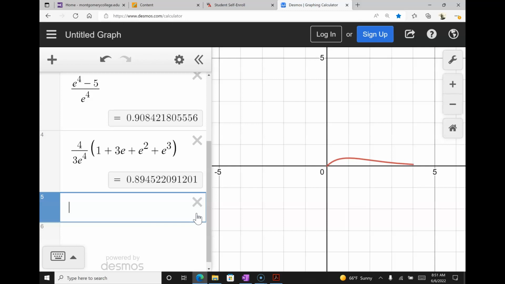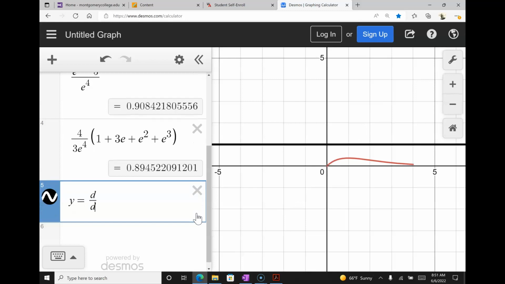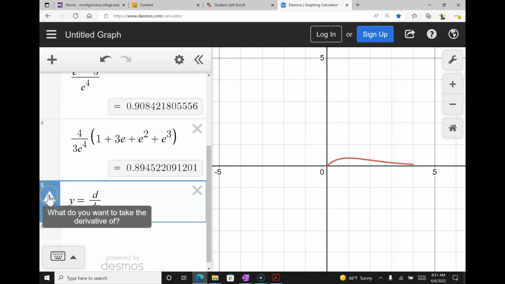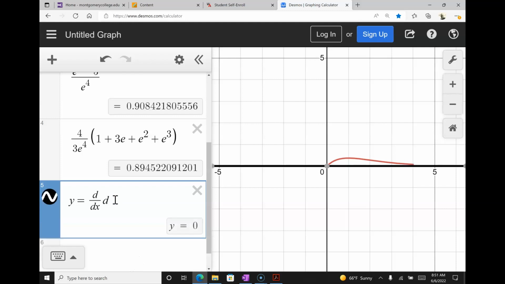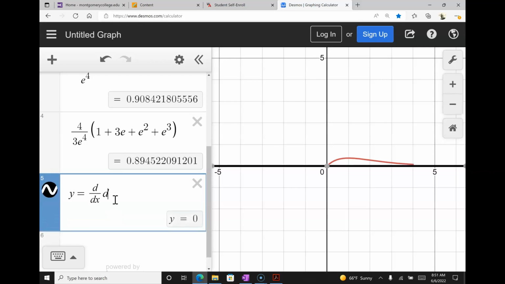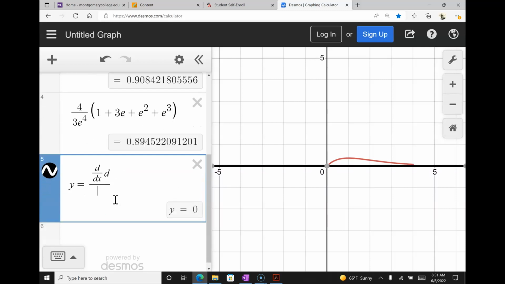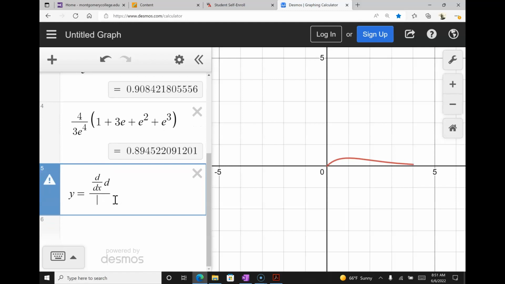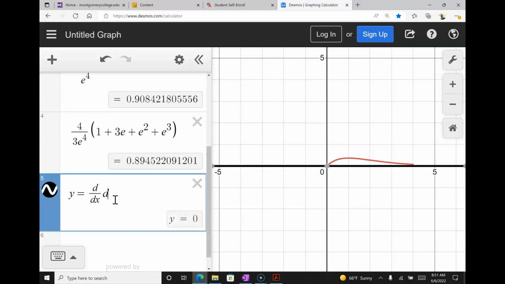Let me see if I can do y equals d dx. Can I do d dx? No, it won't let me do an operator. So I'm going to do another d dx. Oops. Why is it doing that?